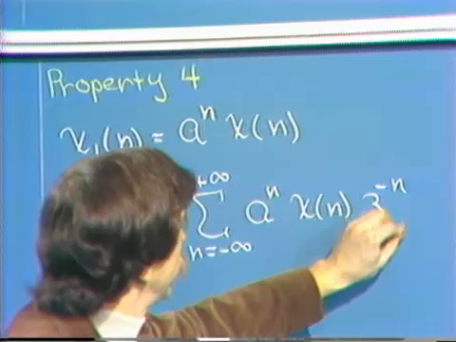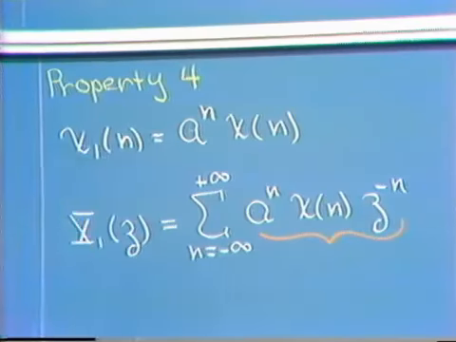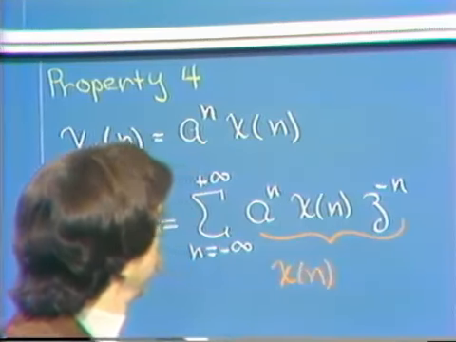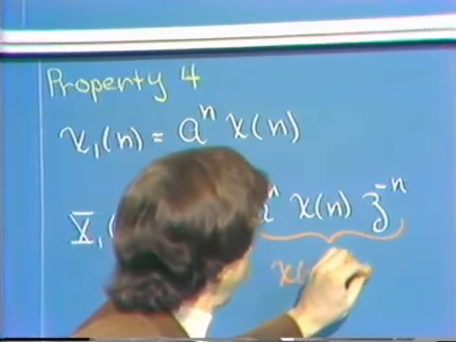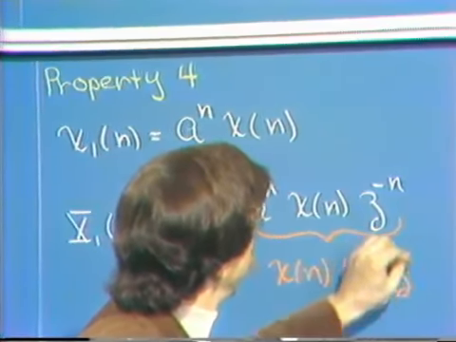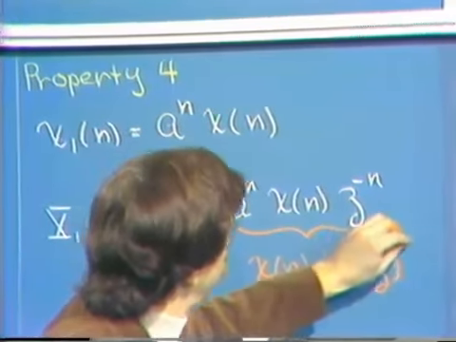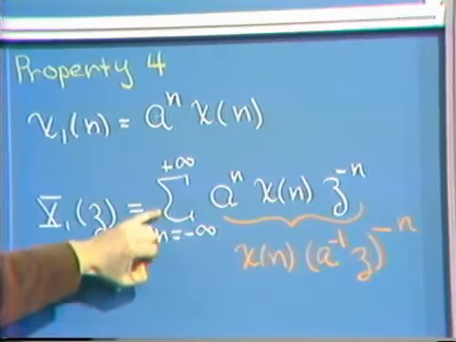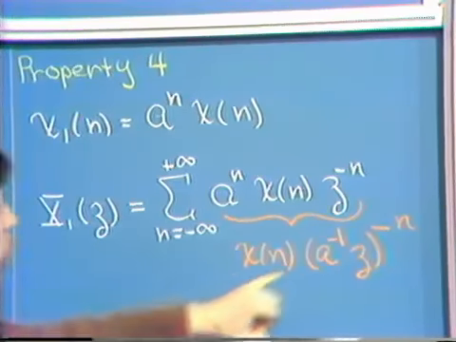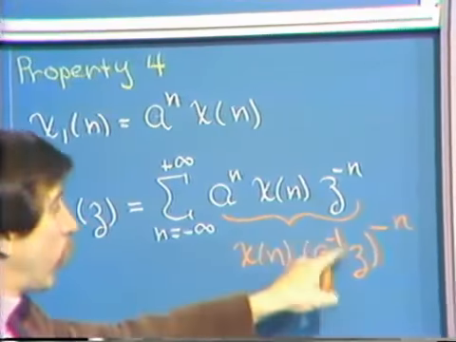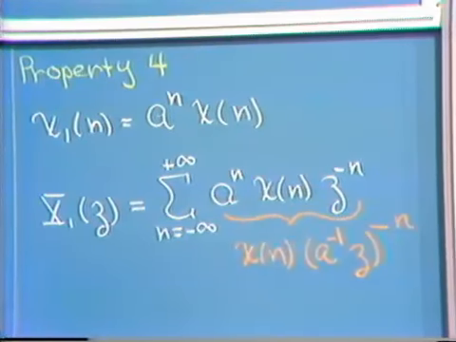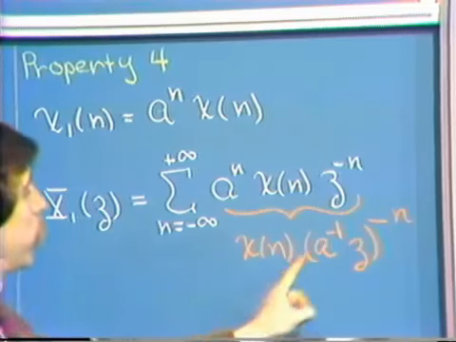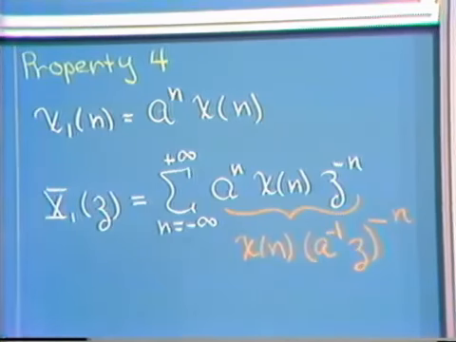Well, it's straightforward to rewrite what's inside the sum as x of n times a to the minus 1 times z, all to the minus n. So x1 of z is the sum of x of n times a to the minus 1 z, all raised to the minus n. Well, that looks just like the z transform of x of n, but with z replaced by a to the minus 1 times z.